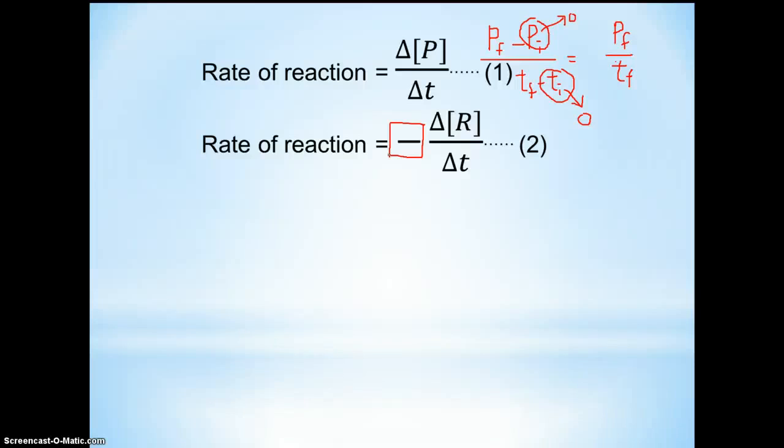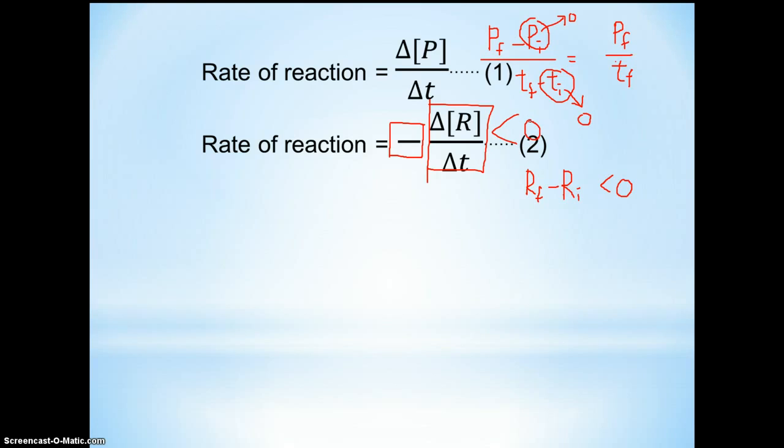So you have the reactant final state minus the reactant initial state. Well, this one will always be a negative number. That means when you calculate the change of concentration of reactant over change of time, this will become less than 0.